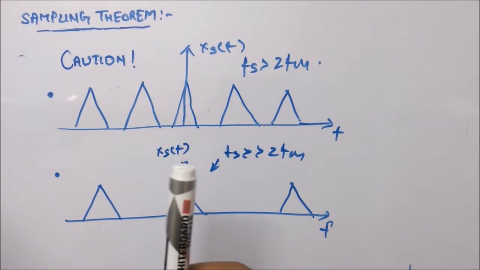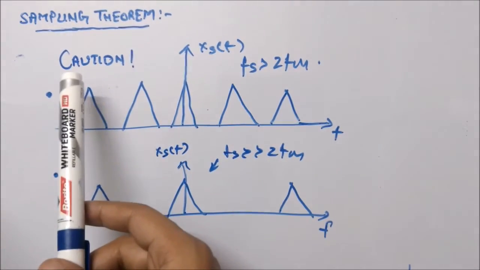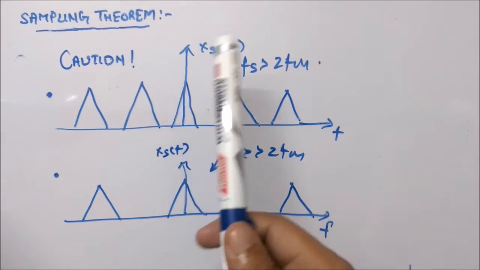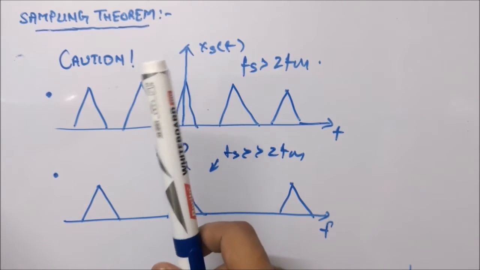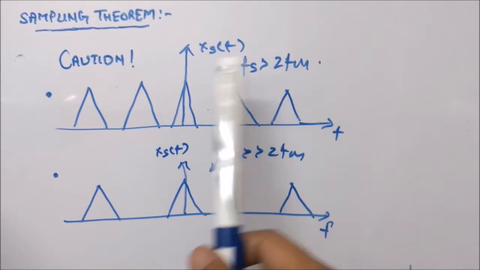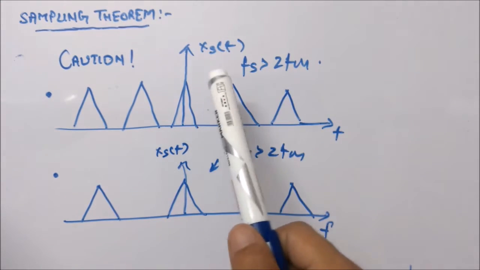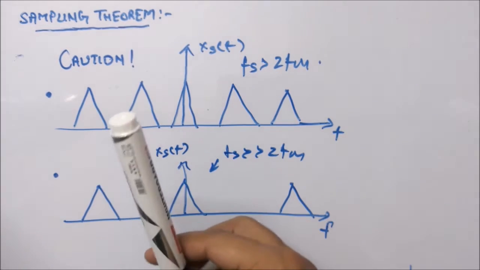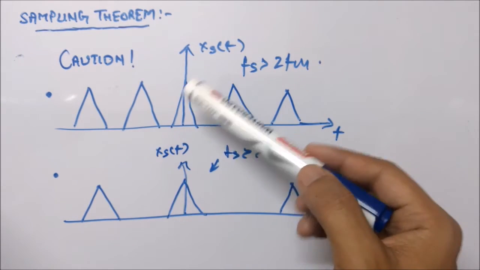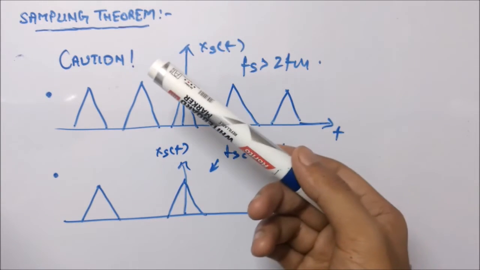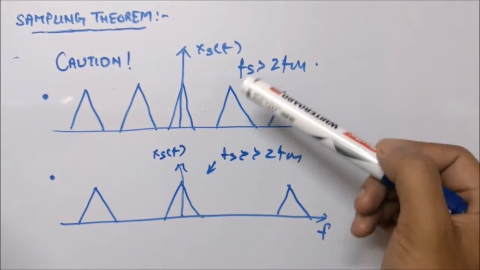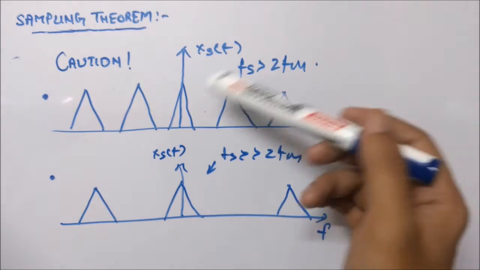Now, just a caution point I want to mention here about the sampling theorem. You might be convinced by now that Fs should be greater than or equal to 2 fm, or more specifically, Fs should be greater than 2 fm. But how much more Fs should be than 2 fm, that's what I want to show you here.